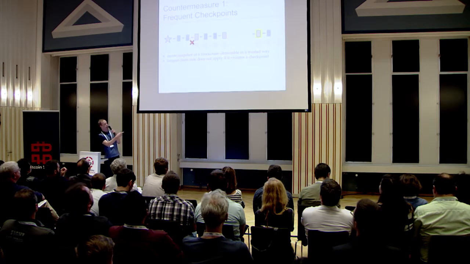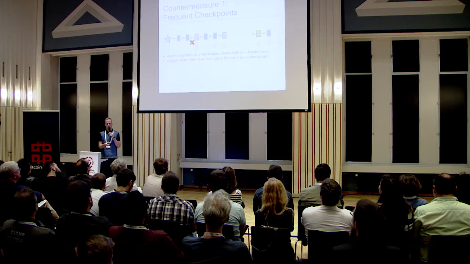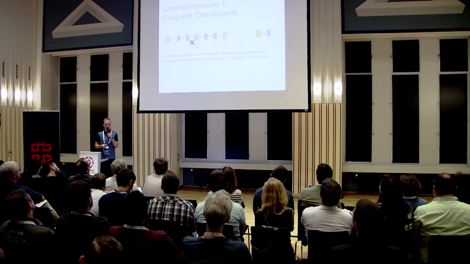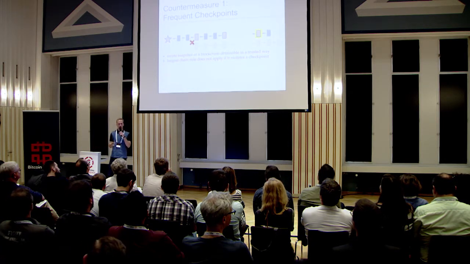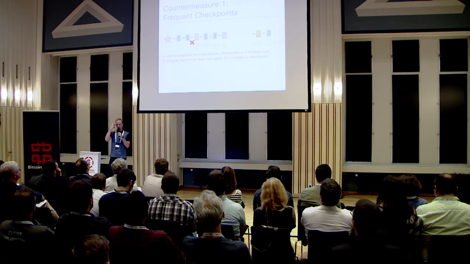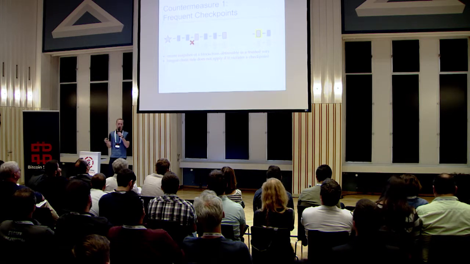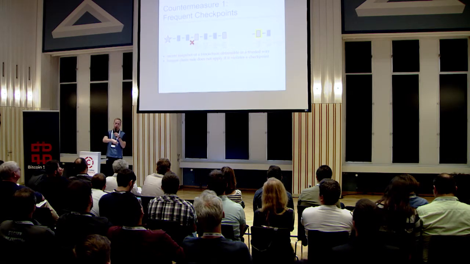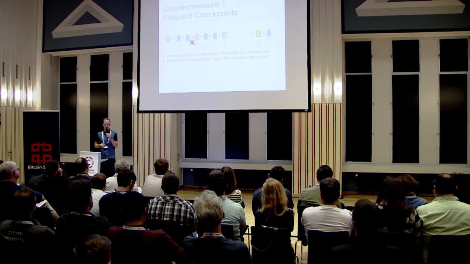But let's just illustrate that this prevents any long-range attacks, because by definition a long-range attack would go far into the past, and this would violate that. So this would mean rolling back further to the past than the last checkpoint.